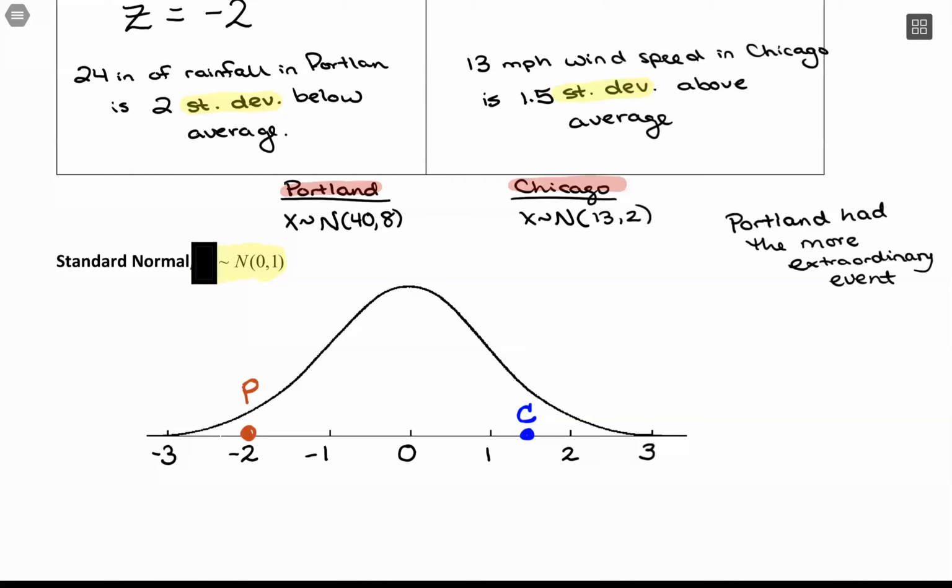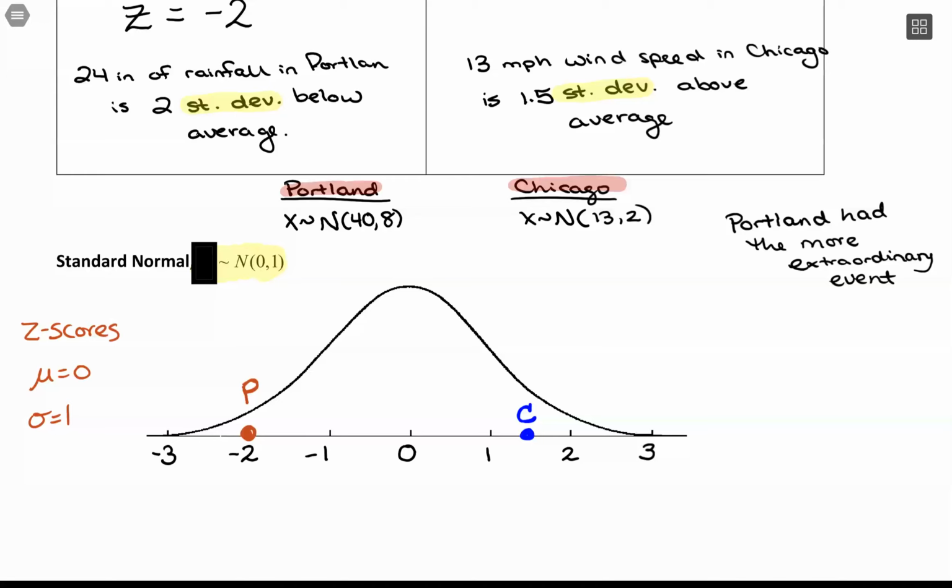All of these are being defined by normal distribution, mean, standard deviation. Just when we work with z-scores, it's always implied of having mean of 0, standard deviation of 1. That's what comes through when we calculate these z-scores and standardize those values. Now, with Portland and Chicago, my variable was x.